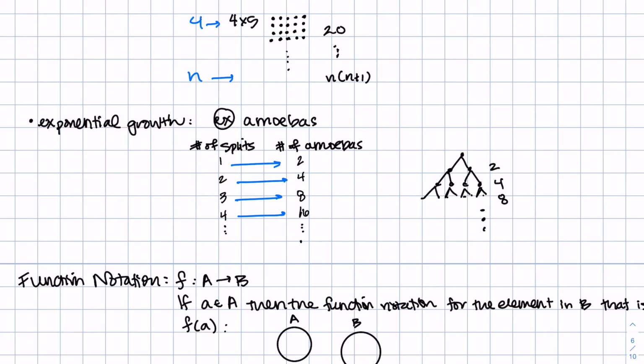Where you might have seen this very similar diagram, or the word exponential growth more recently, is with an explanation of COVID-19. I'll probably talk about this more at some point.